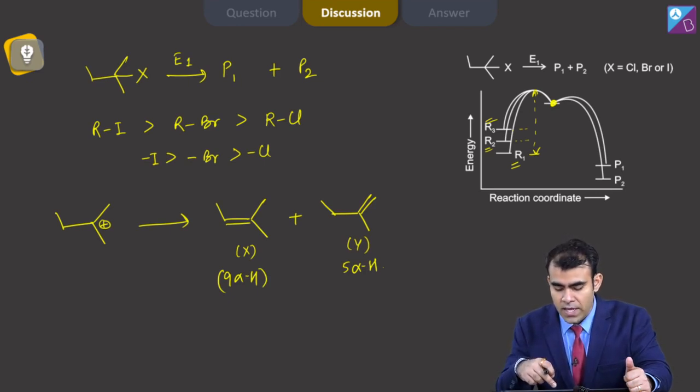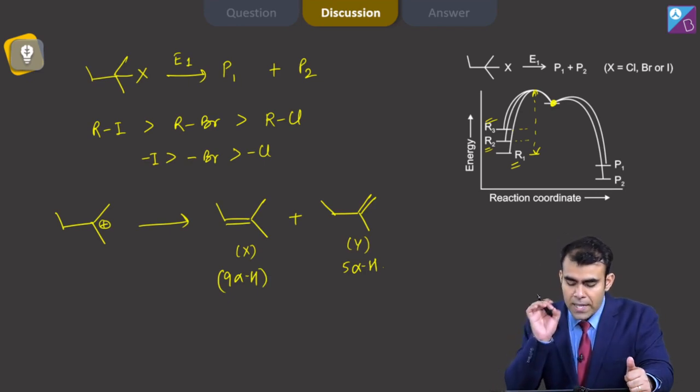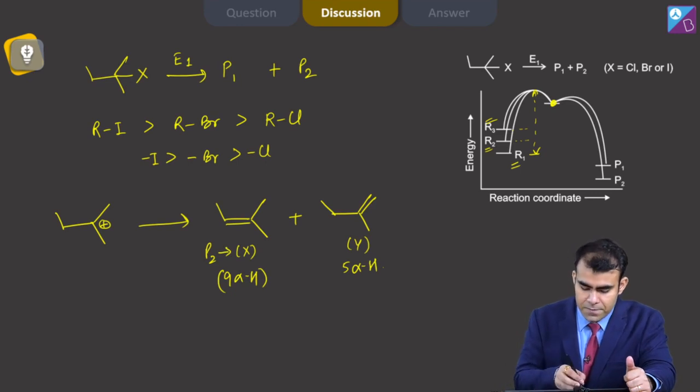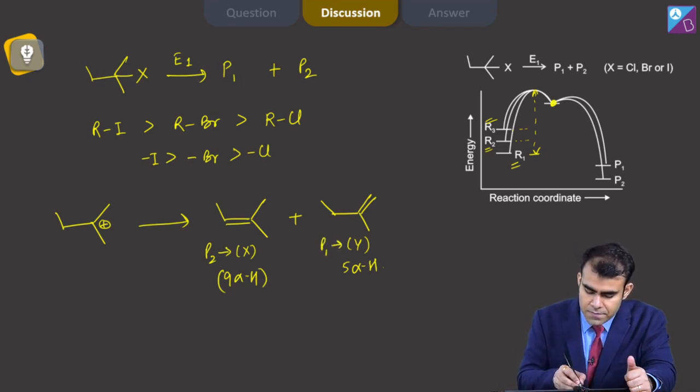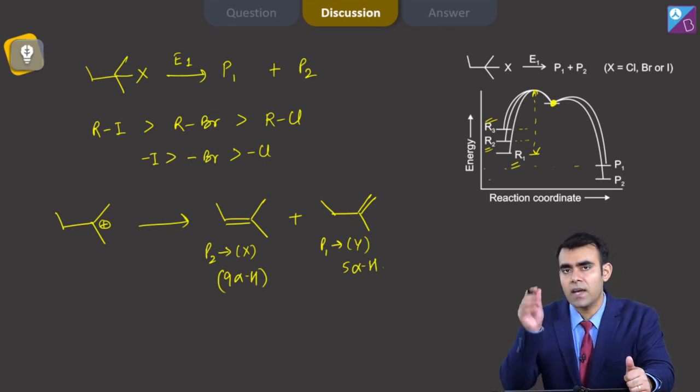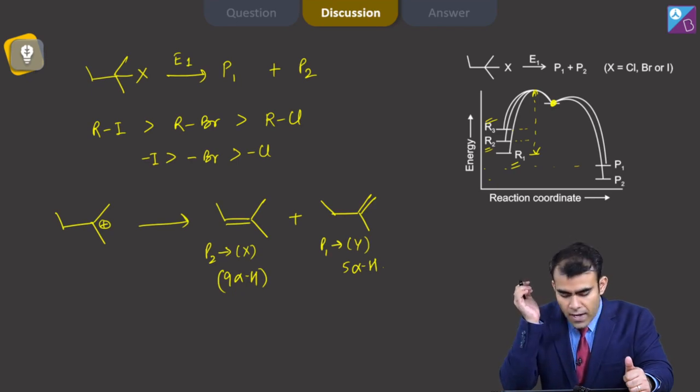So I can say that among P1 and P2, my P2 is more stable, so it is basically my X, whereas my P1 here is Y, which is less stable, because if the energy is higher, it means the stability is lesser.